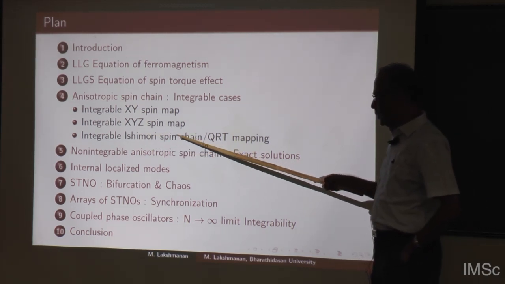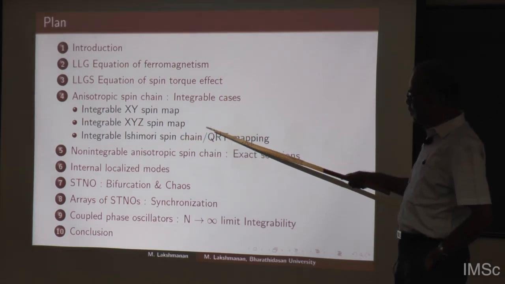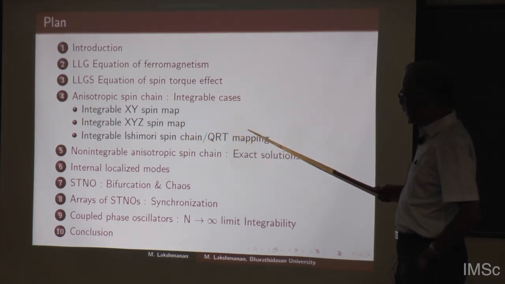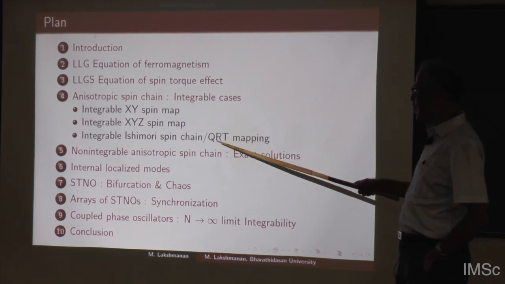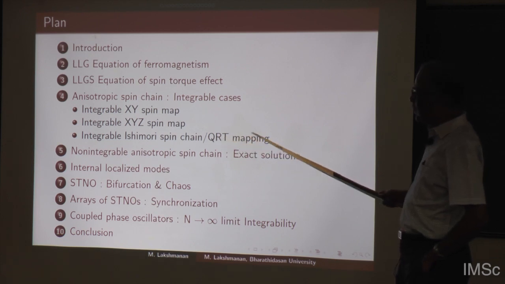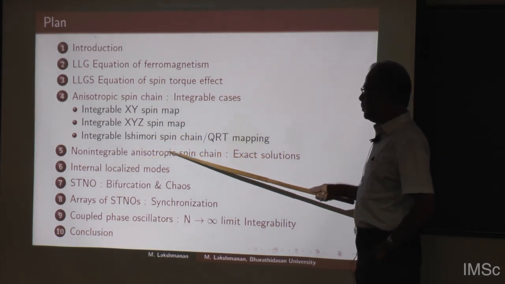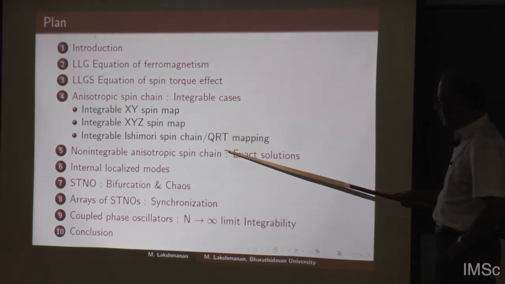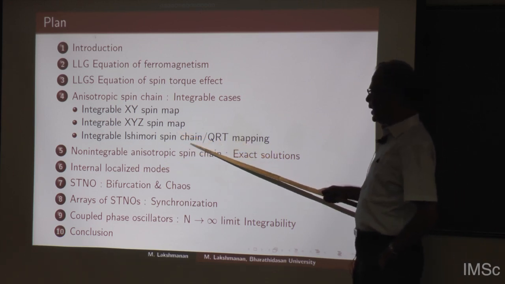From the dynamics point of view, it is completely integrable. Why it is integrable, I will tell. But this also leads to very interesting nonlinear integrable mappings, the so-called Quispel-Roberts-Thompson mapping, the QRT mapping, and so on. But these non-integrable anisotropic spin chains in several situations lead to exact solutions and interesting dynamics.